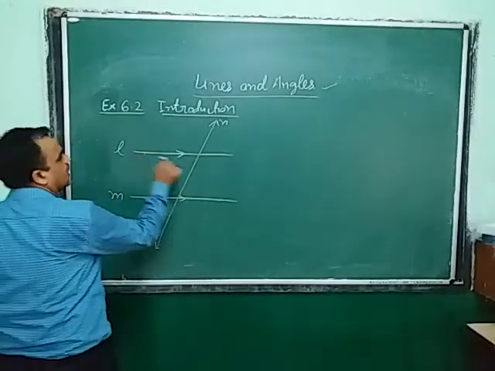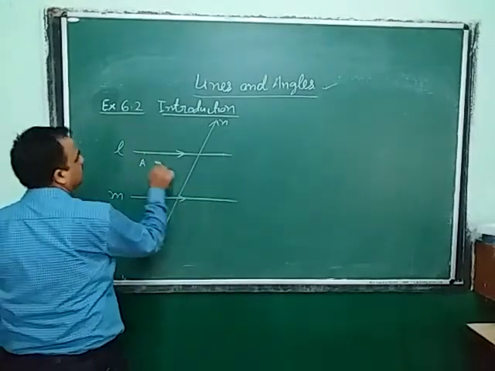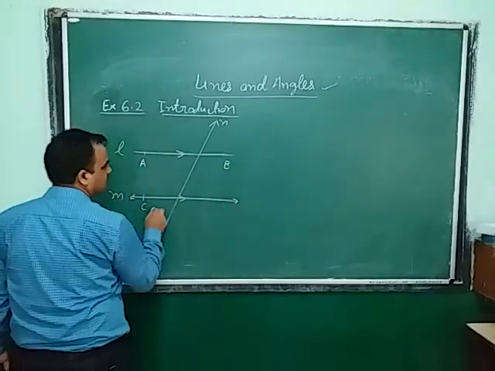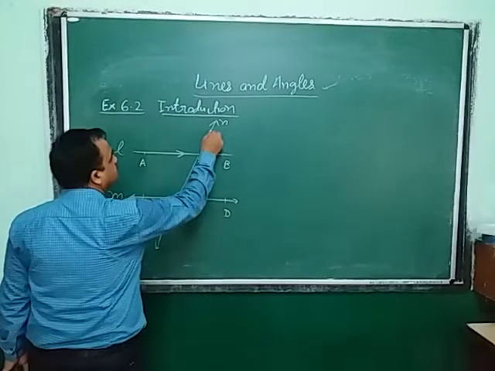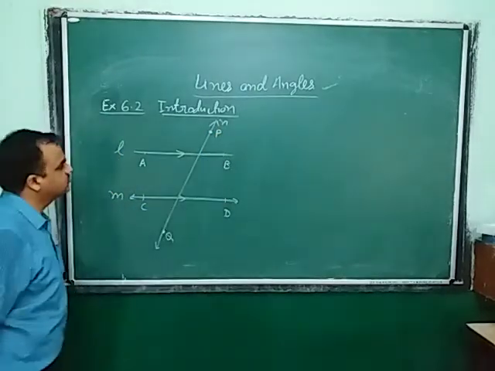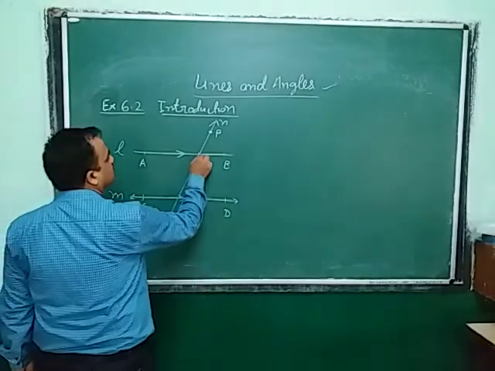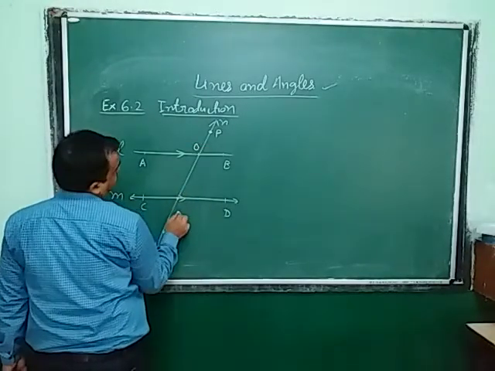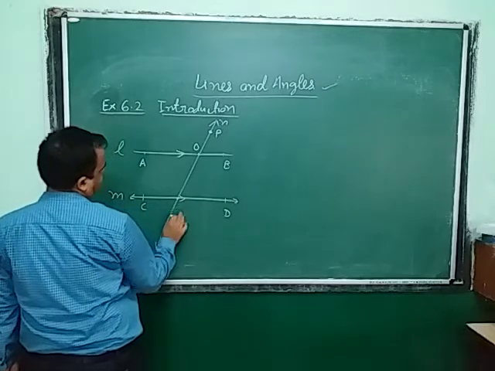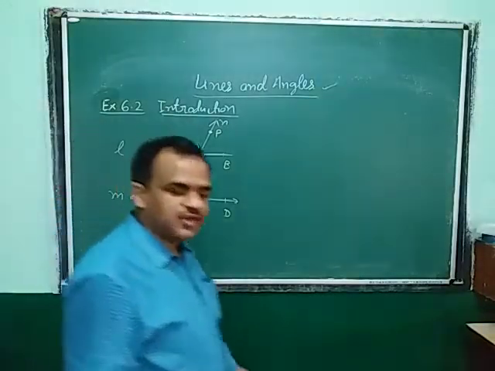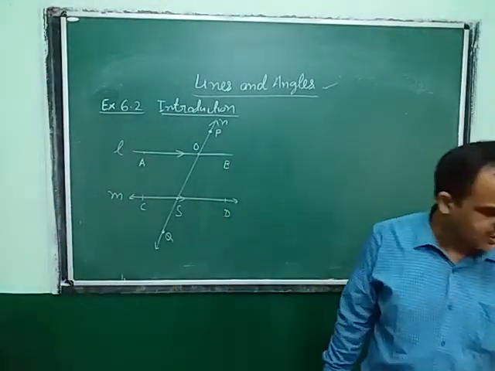Let us have the names of these points, say A, B, this is C, D, say this is P and this one is Q. Let this point be O and this S. So these are the points that we have taken for our consideration.